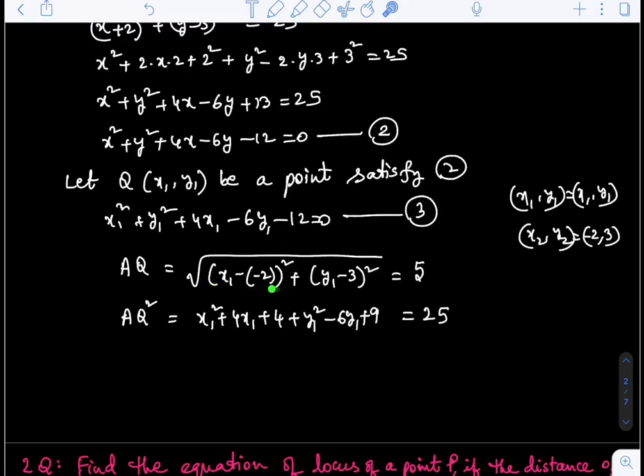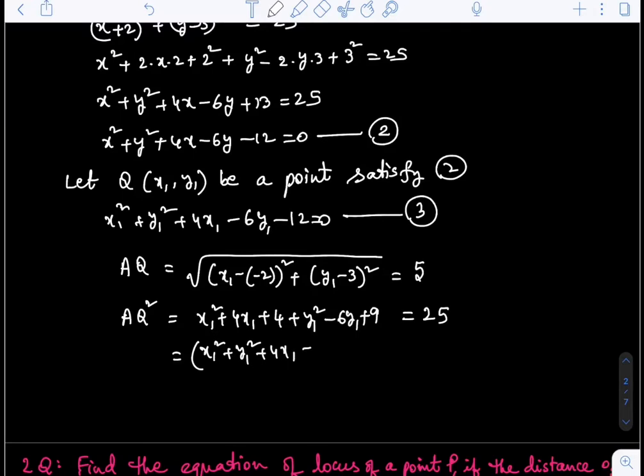This is the expansion of the binomial: x1 minus of minus 2 whole square comes like this, and when we expand the other we get this. The square root is cancelled, no root sign, and 5 square becomes 25. So x1 square, y1 square, 4x1 minus 6y1, I'll write as minus 12 only, and plus 25 is kept here, is equal to 25.